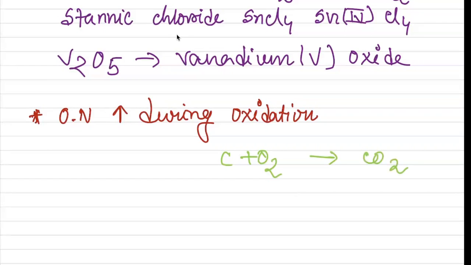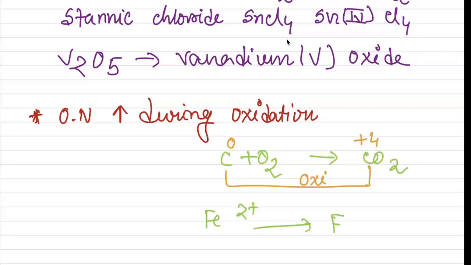Here carbon is in zero oxidation state; here carbon is in +4 oxidation state. So that means this is an oxidation reaction. Clear? See, iron +2 to +3: oxidation number increases, right? Oxidation number increases, that means oxidation. Clear?